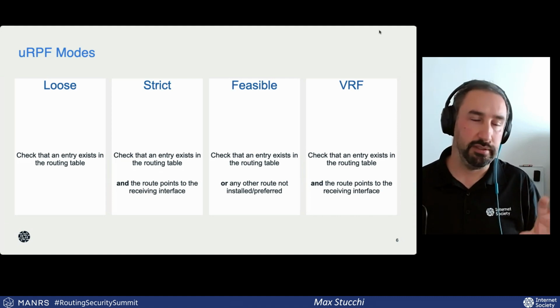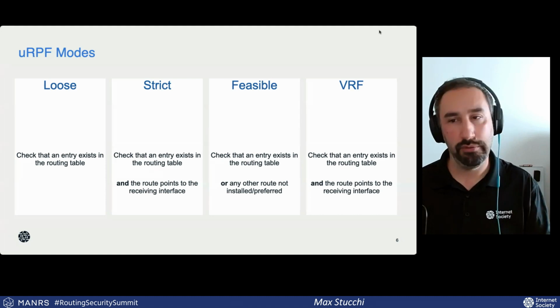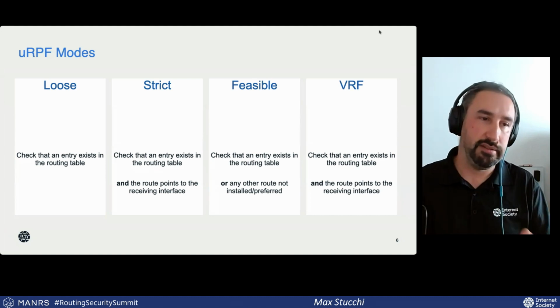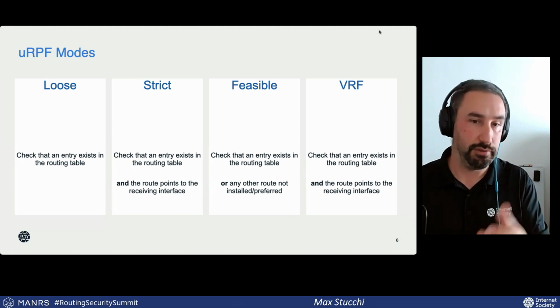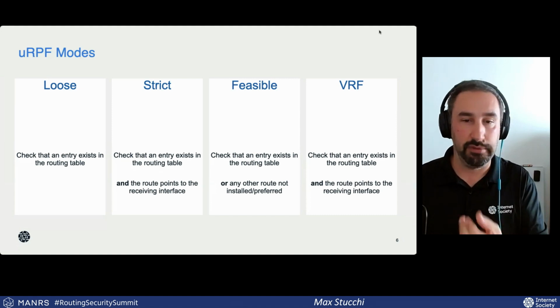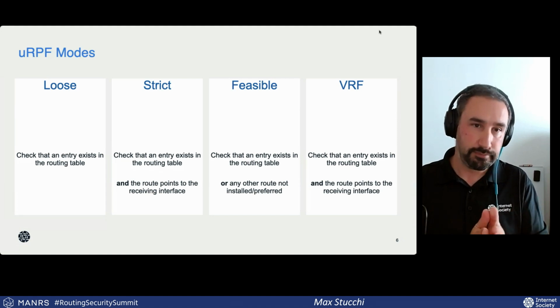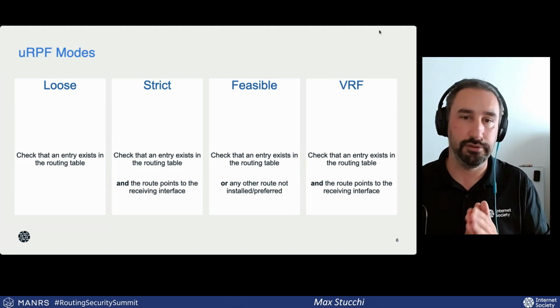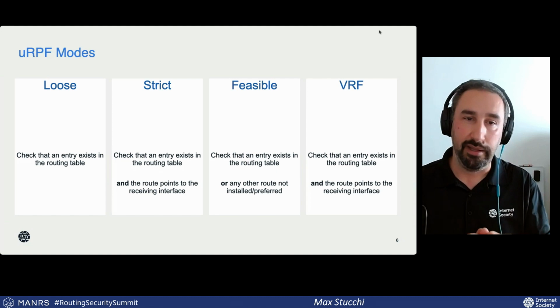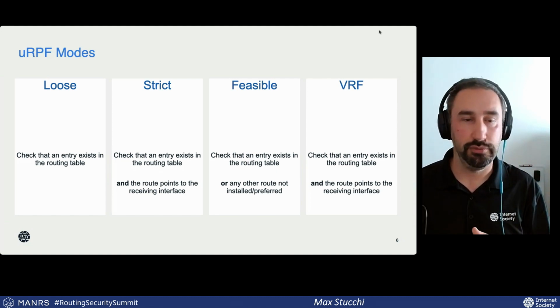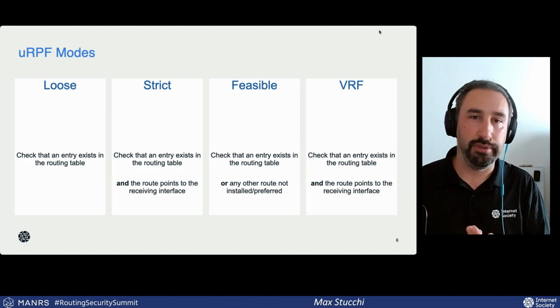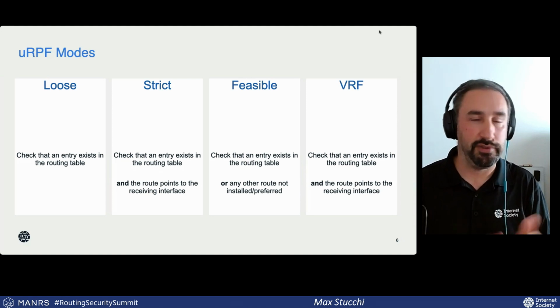Do not try to enable loose mode on your transits, on your peerings, because that might lead to issues, or even strict mode. If you enable strict mode on interfaces that go towards one upstream, and then the packets come back from another upstream, you're just going to drop the incoming packets because the routing is asymmetric.